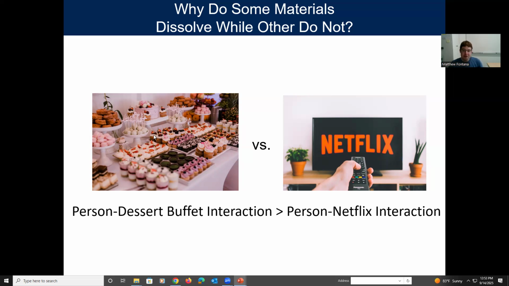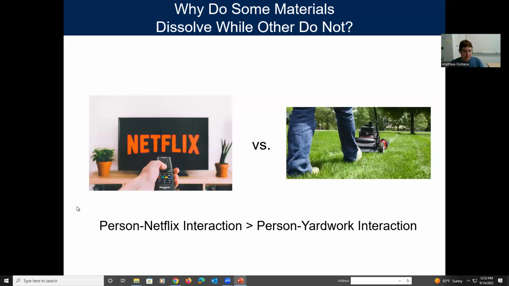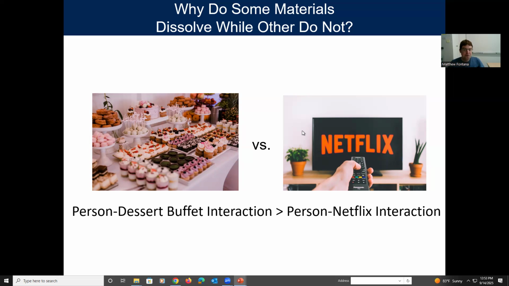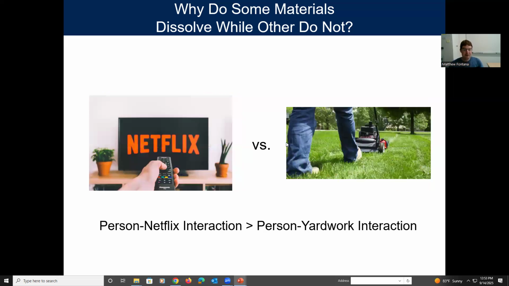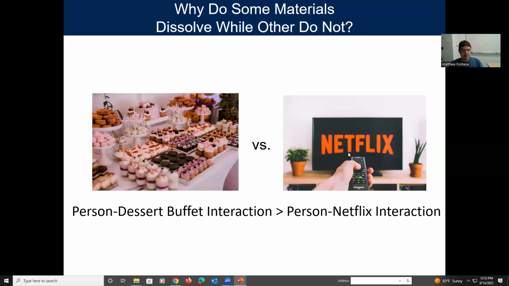And the reason you put down the Netflix remote is because your person-dessert buffet interaction is stronger than your person-Netflix interaction. Okay. So the person-Netflix interaction has not changed from this example to this example, but it is being compared with a different interaction, which is the interaction of you doing yard work or the interaction of you consuming lovely treats at a dessert buffet.